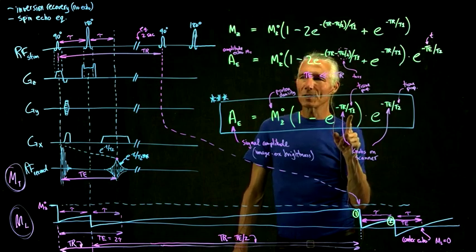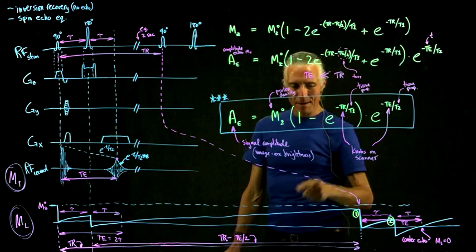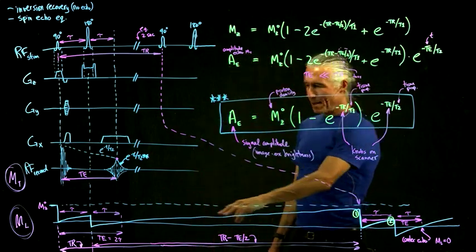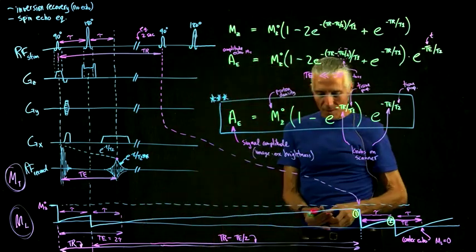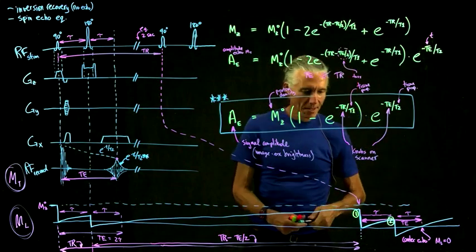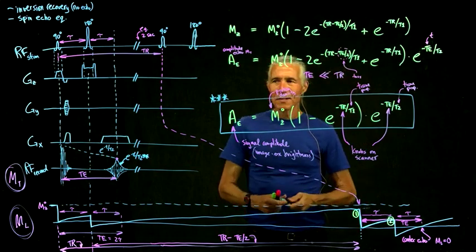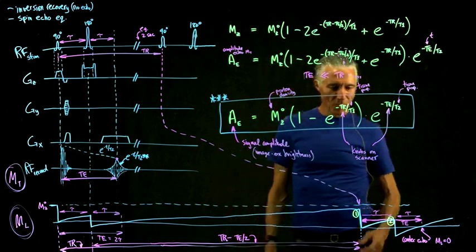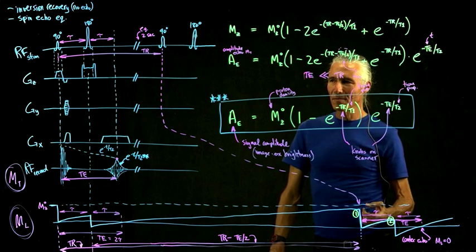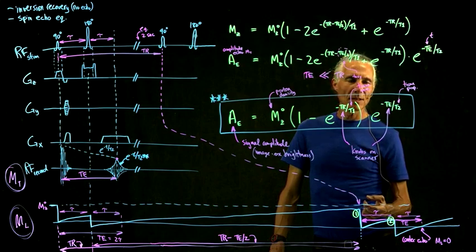But you need more than just a short echo time, because if you look at this, we didn't recover all the way. That's good, because what if we had recovered all the way? If we had recovered all the way, say we waited 6 seconds, then there would be no contrast difference between the tissue types.